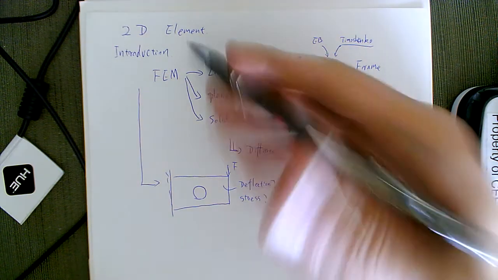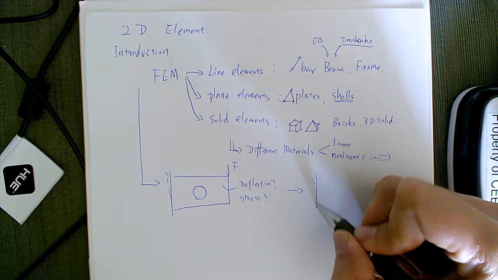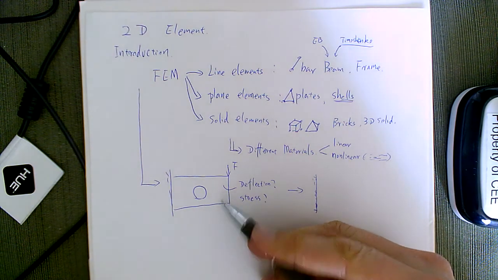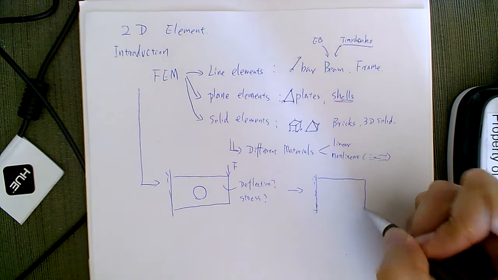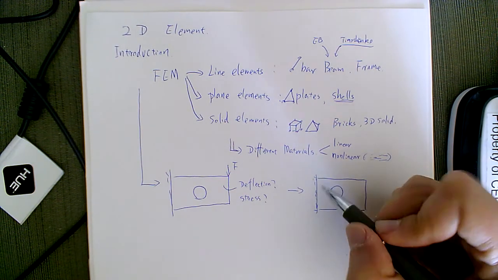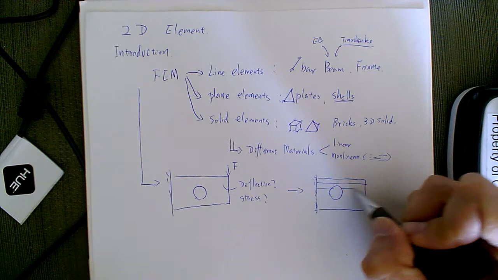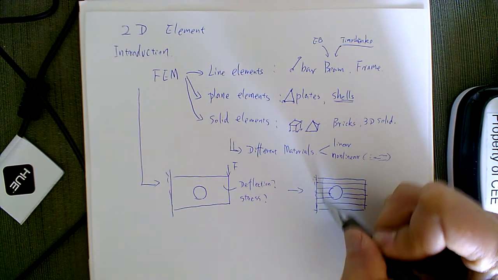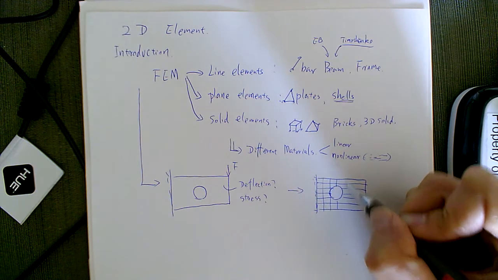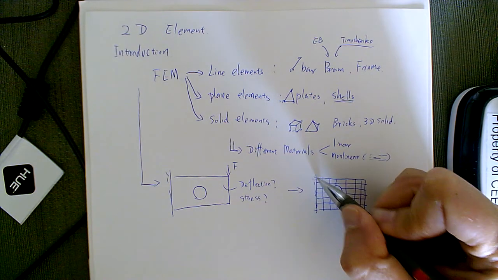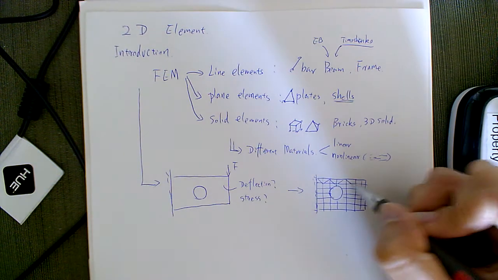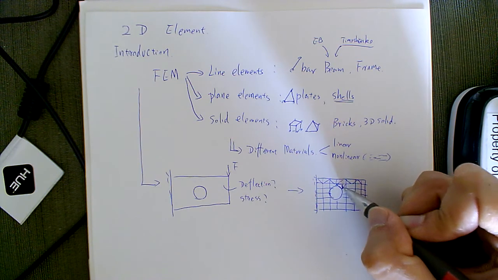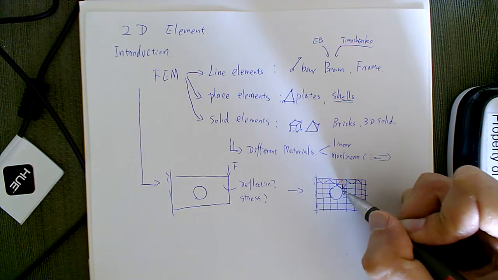The solution provided by a 2D element is really just to say, even for a thing like this, you're probably not gonna be able to find a closed-form solution, so we will solve it numerically. What we'll do is dissect this thing into a lot of elements, into triangles and everything. Yeah, you got the idea. Here you just try to approximate with triangles. You can use smaller triangles, just refine the mesh.